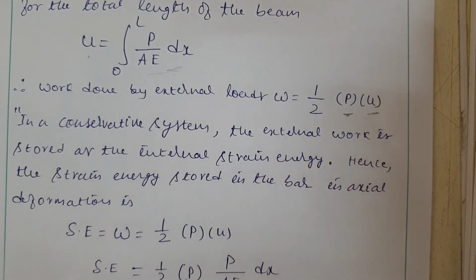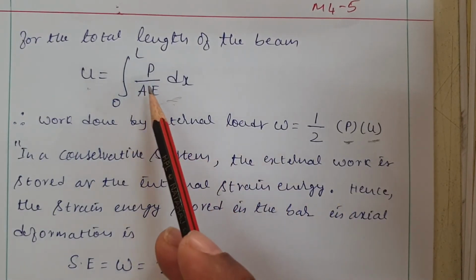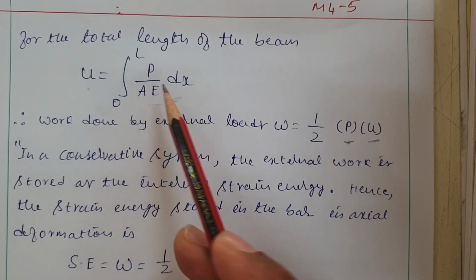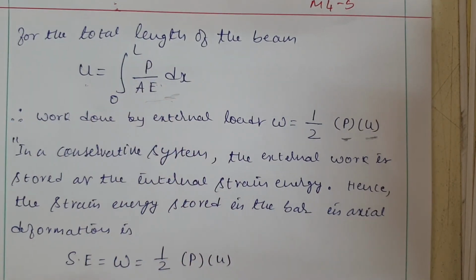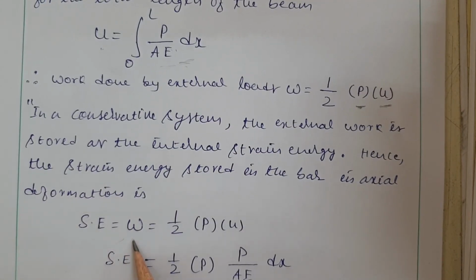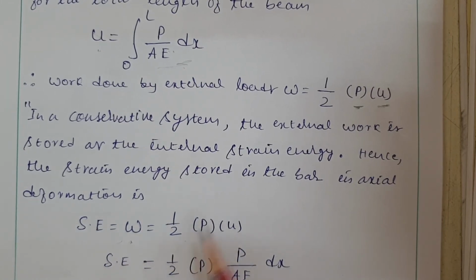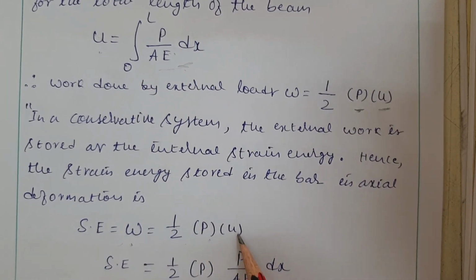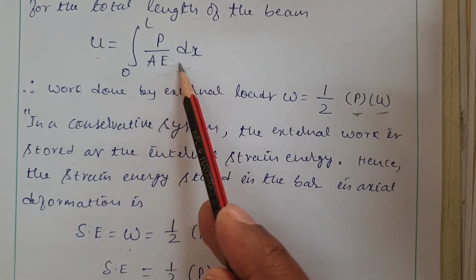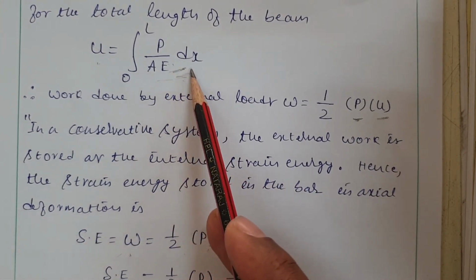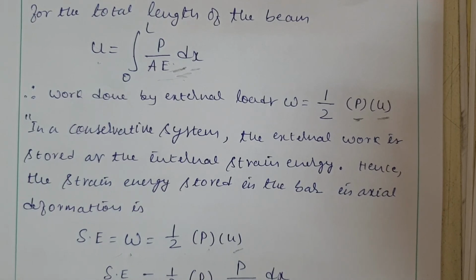So from that, now I can say work done will be equal to internal strain energy stored. External work done will be equal to internal strain energy stored from the law of conservation of energy. Then I can equate that strain energy will be equal to this. So strain energy will be equal to total work, that will be equal to half into P into U. In place of U, you know the value of this U, that is the total length deformation, that I substituted here.